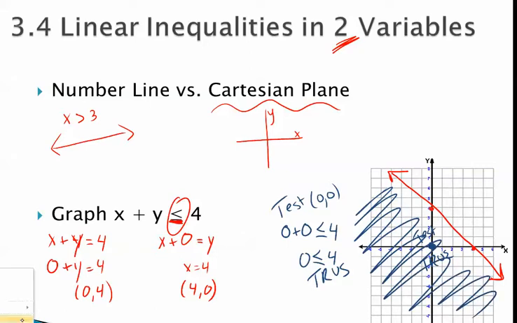Now, if I were to randomly have selected a different point, let's say I would have selected 4, 4, and I would have plugged it in. It should hopefully be false since it's a non-shaded side, and if we plug that in, 8 is less than or equal to 4. That's a false statement. So that would refer to that all that side would be false.